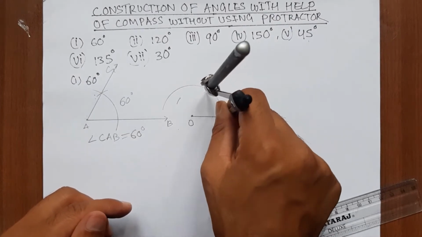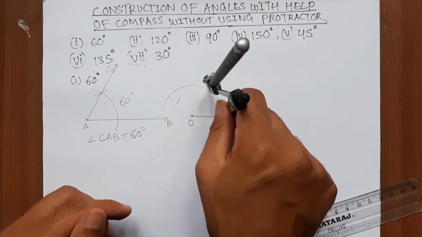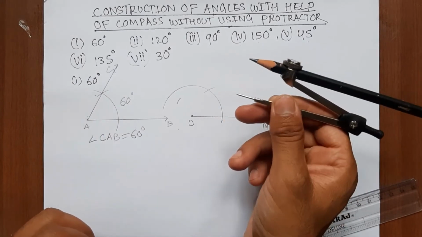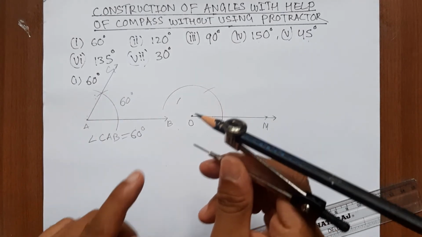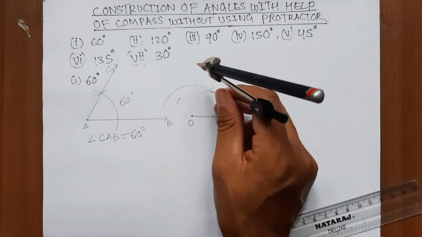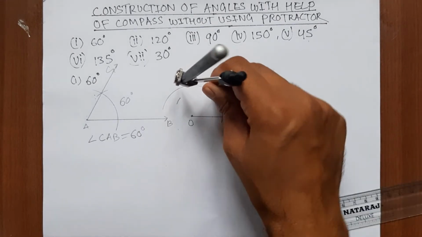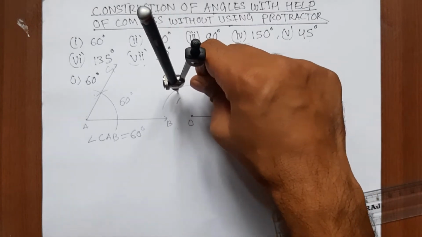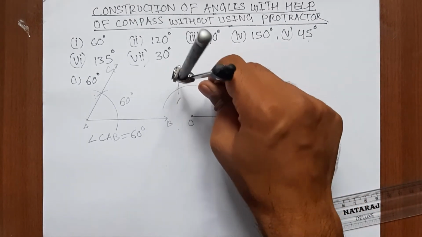This first cut is 60 degrees. We have done it in the previous case. Now put the pointer of the compass on this intersecting point and again cut the previous arc.